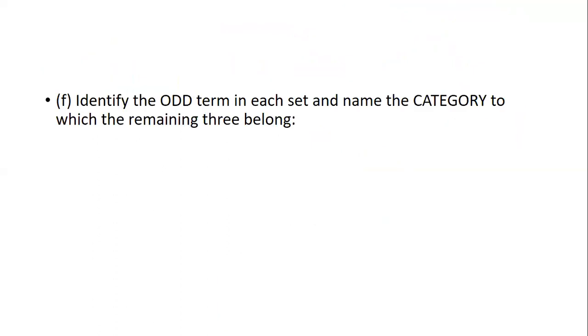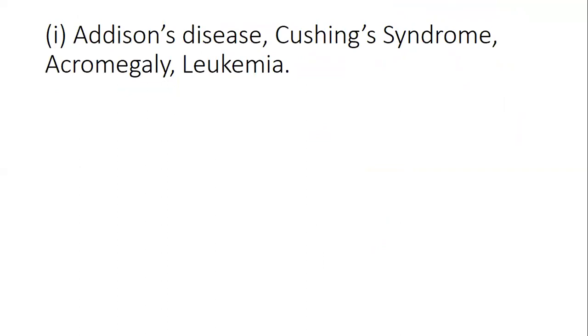Next, identify the odd one and name the category to which the remaining three belong. Now this I want to stress here: you have to identify the odd one and categorize the remaining three. Both should be present. Your odd one should be there, and the category should also be there. If you write the odd one correct and the category is missing or wrong, full wrong marks.